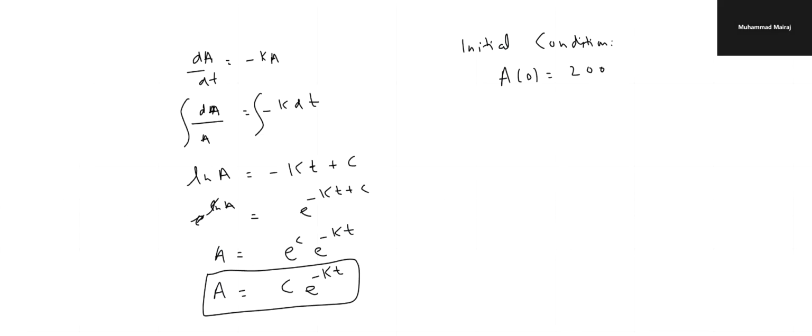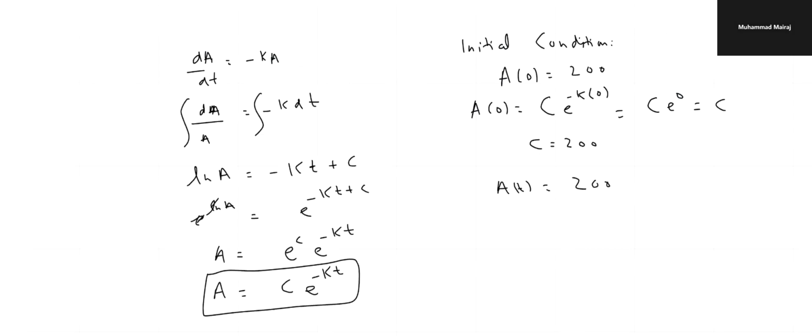And then we substitute here A of 0 equal to C e power minus k into 0, which is equal to C e power 0, and which is equal to C. But A of 0 is 200, so C equals 200. Then A of t becomes 200 e power minus kt, right?